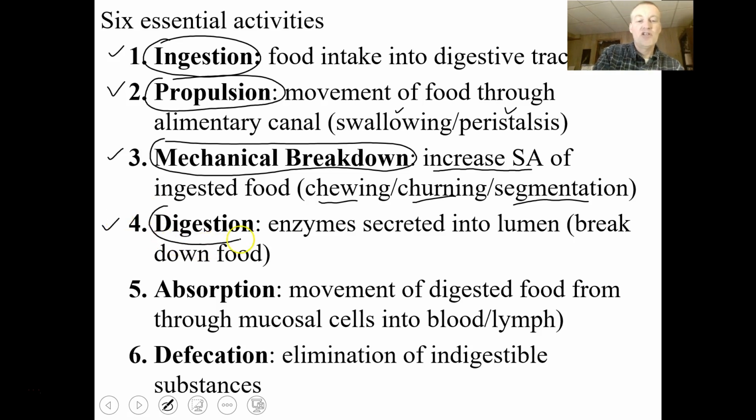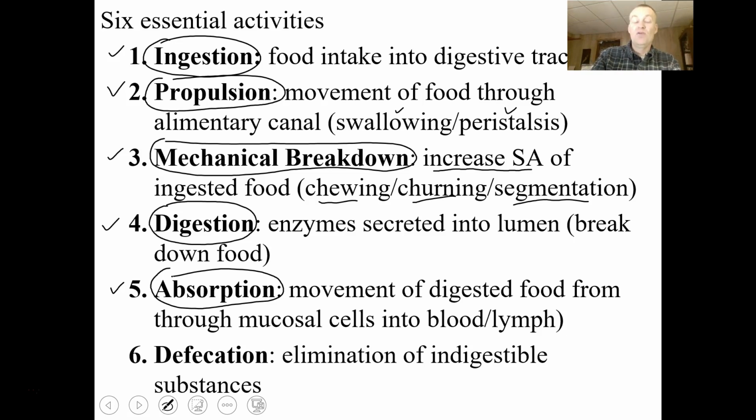So digestion is the chemical breakdown of food using enzymes. These enzymes will break food down into their smallest chemical components, which can be absorbed by the wall of the small intestine, and perhaps even some in the stomach and some in the large intestine. So absorption is the movement of digested food through the mucosal cells into the blood and lymphatic system.